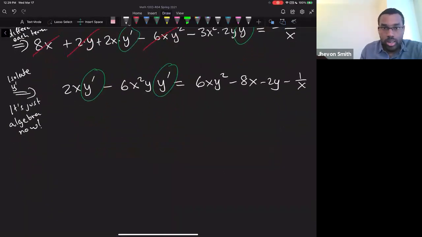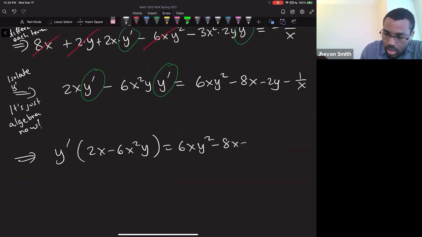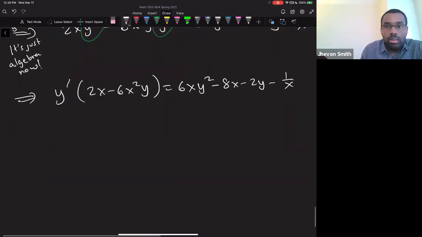Now to, of course, continue, we know that we factor the common term out. And now I can solve for y prime.